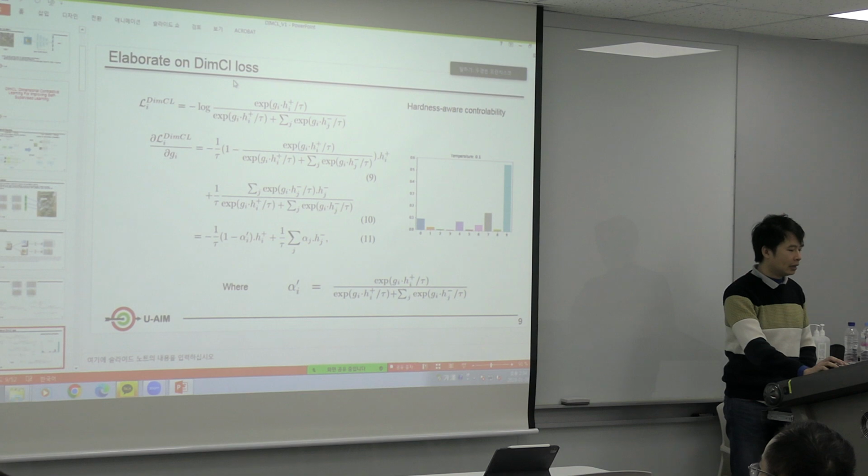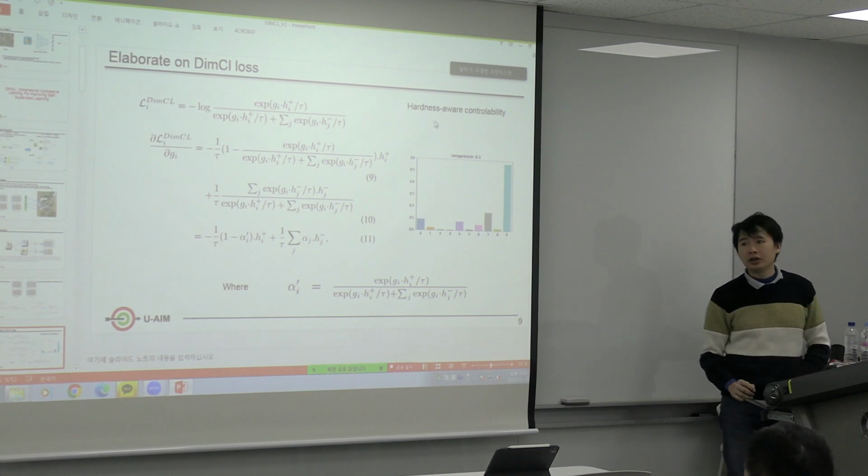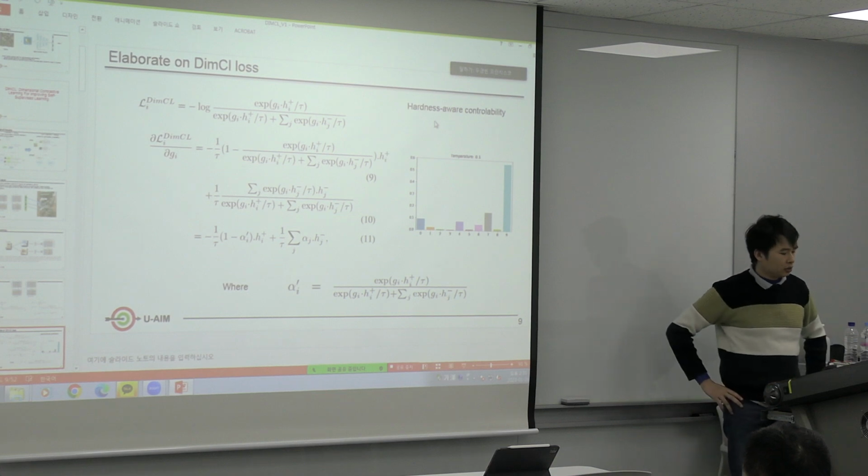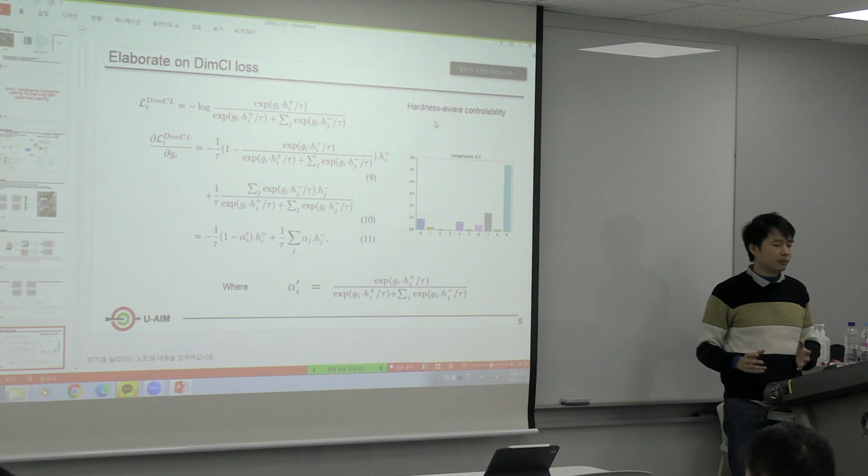Basically, by applying the dimensional contrastive learning loss, we get a hardness-aware property, where we pay attention to different pairs of images instead of considering them equally.